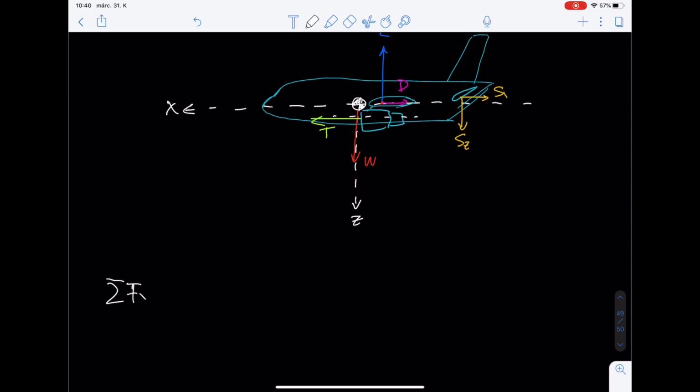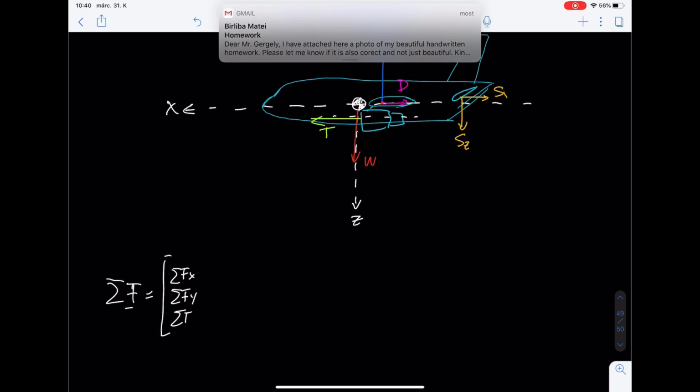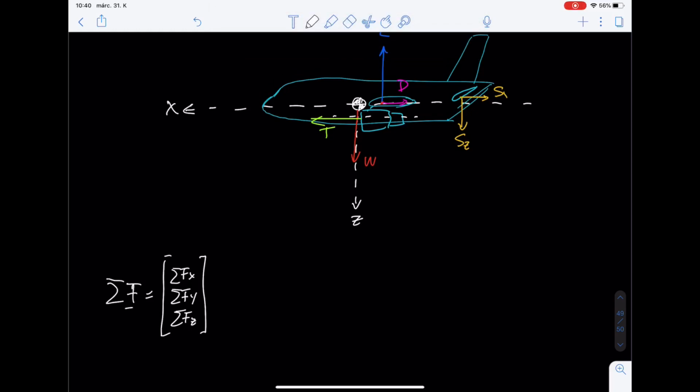Because this is a vector, sum of forces in x, sum of forces in y, and sum of forces in the z direction. And we're getting the homework done. Good.